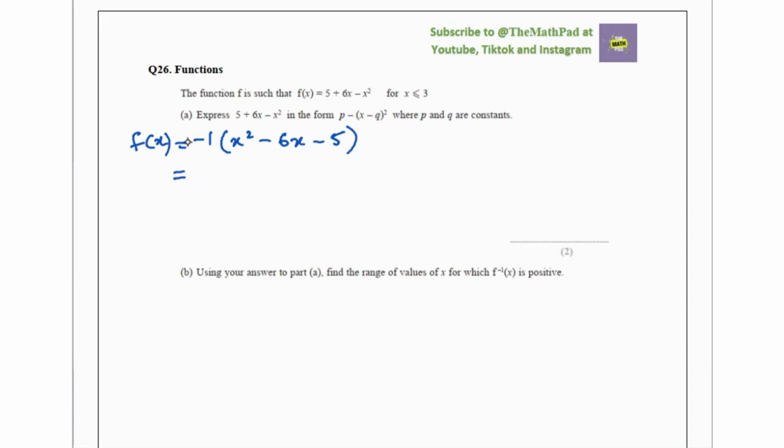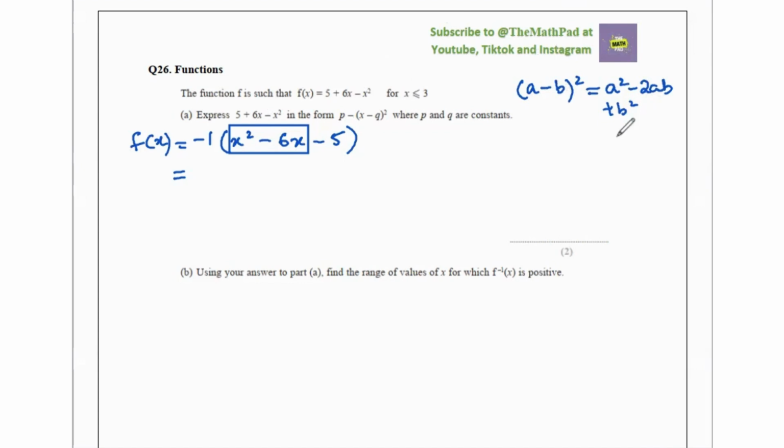We are trying to complete this square, x squared minus 6x. A complete square, a minus b whole squared, basically expands to a squared minus 2ab plus b squared. If we compare this with x squared minus 6x, what we have is the a squared value and the 2ab value.